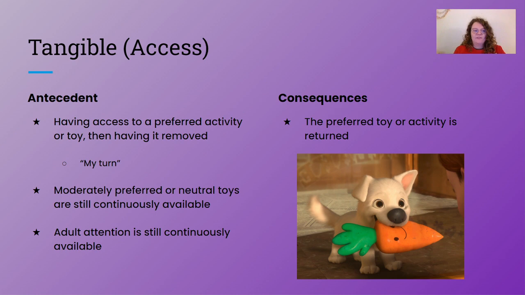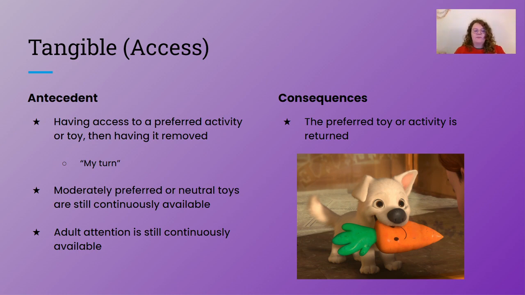Next up is tangible. When our client wants to have tangible, they want access, they want the item. So what I want you to do is let your child have access to whatever it is, favorite toy, activity like tickles or whispers, for about 5-ish minutes and then say, my turn, and remove it.